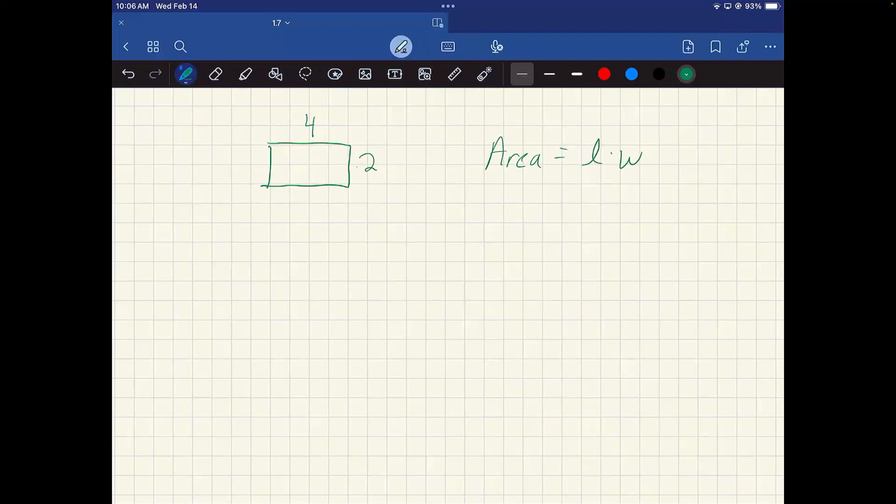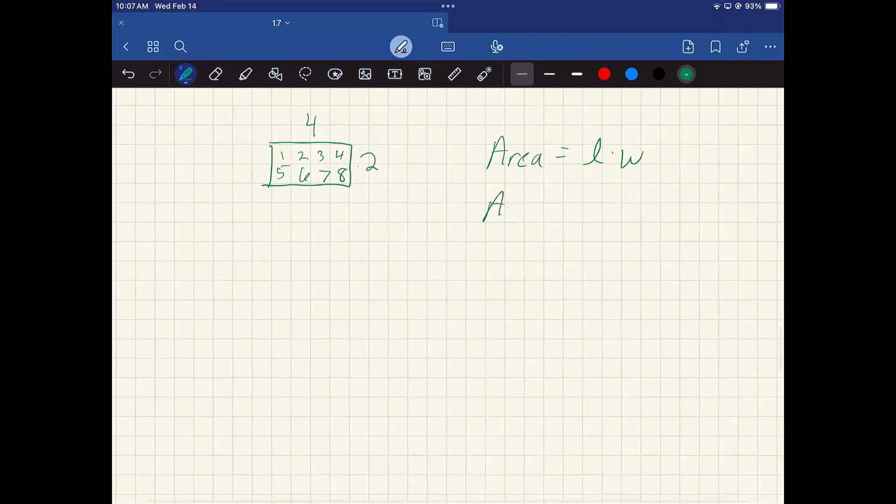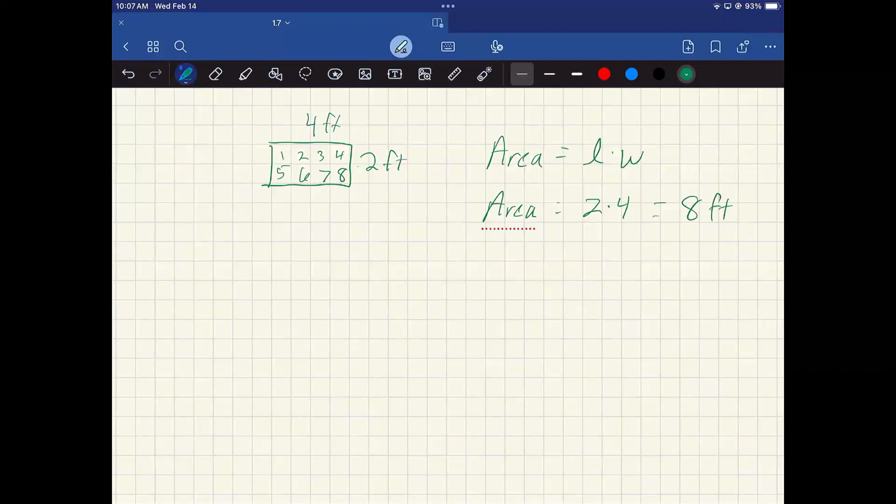If we count it out, 2 times 4, we have 1, 2, 3, 4, 5, 6, 7, 8. So the area is equal to 2 times 4. And we'll do this in feet. And we'll get 8 feet squared.